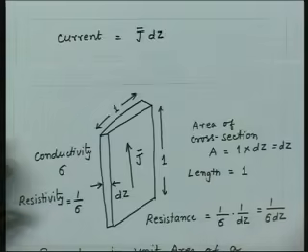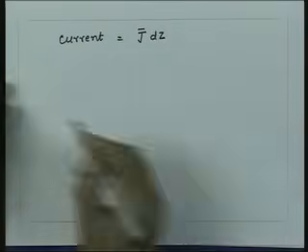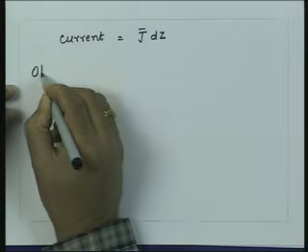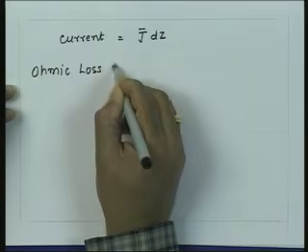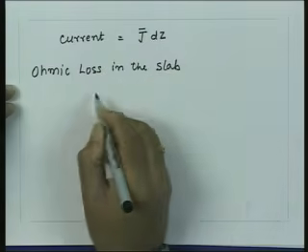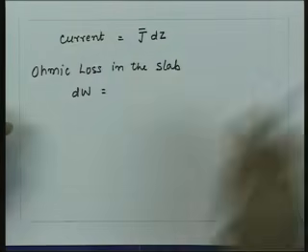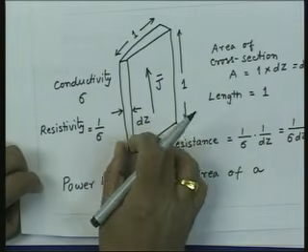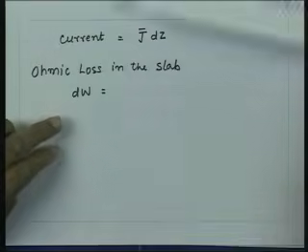Then I can calculate the power loss in this, which is the I square R loss. So, if I calculate now the ohmic loss in the slab, let us say this quantity is dW, and I am using dW because I am taking a thin sheet here. So I am saying, in this incremental slab, how much is the power loss.